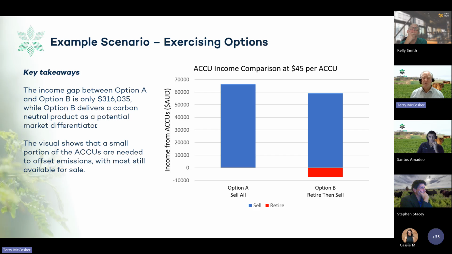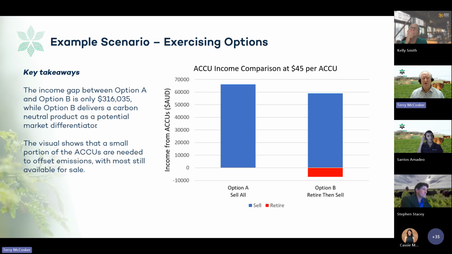Now, if the supply chain or the consumers are going to pay me $316,000 more for my product, then I can sell a neutral product and still break even on my income. But the supply chains are saying they're actually not going to pay for carbon neutral, they just expect you to do it.